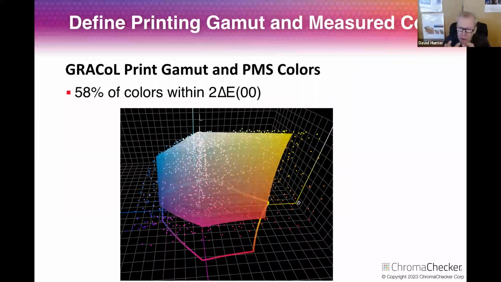And that's just due to the limitations of CMYK inks, which are used to produce the Grackle gamut, as opposed to a custom spot color ink, such as the Pantone values that go above and beyond what you can do with CMYK. So it's important to understand the limitations of color and ink when we start talking about matching colors and trying to reproduce colors.